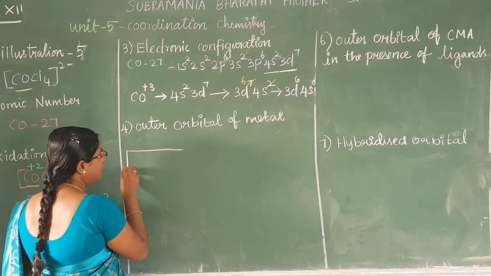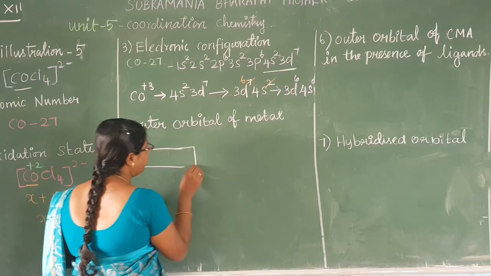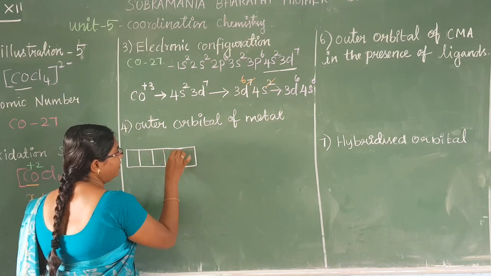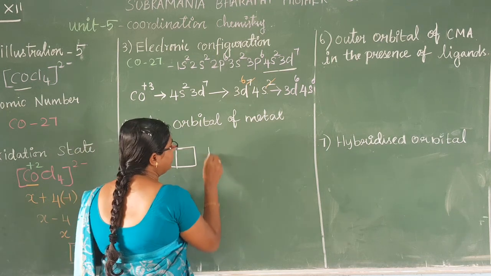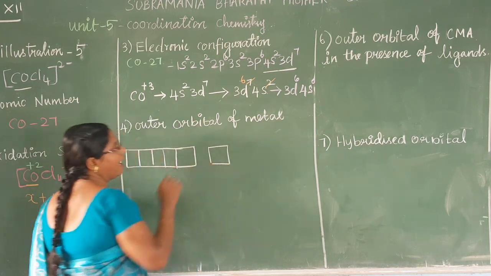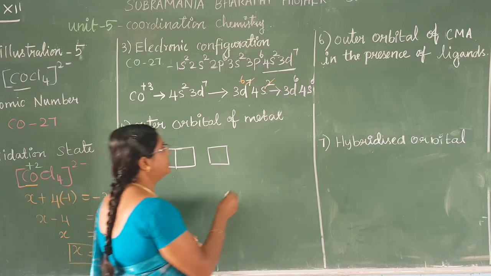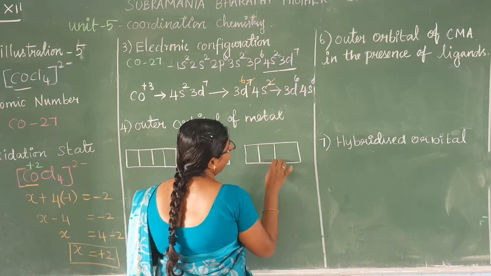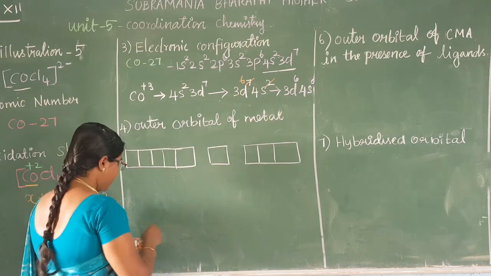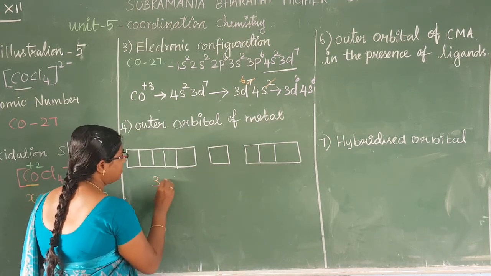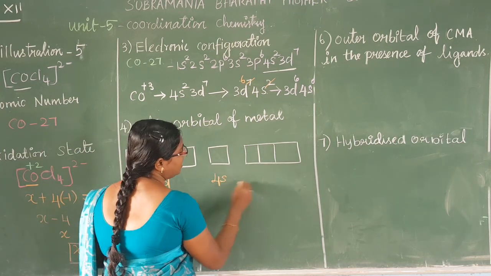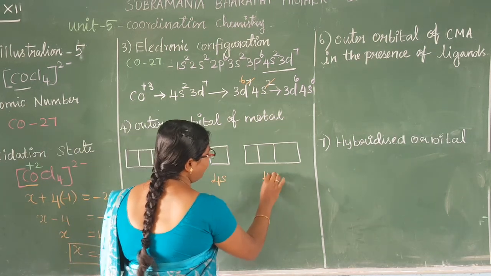Already you know the d orbital is having 5 degeneracy set, 1, 2, 3, 4 and 5, and the s orbital is having 1 degeneracy set and the p orbital is having 3 degeneracy set. So, this is the 3d orbital and this is the 4s orbital, this is the 4p orbital.